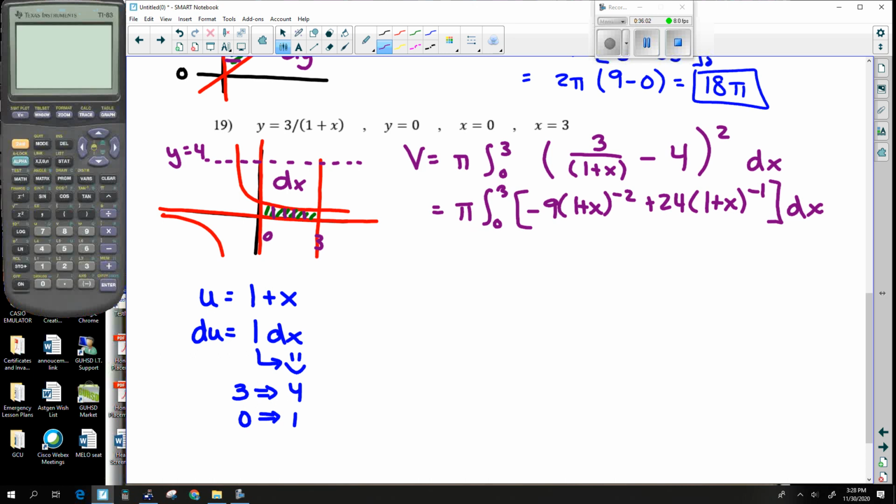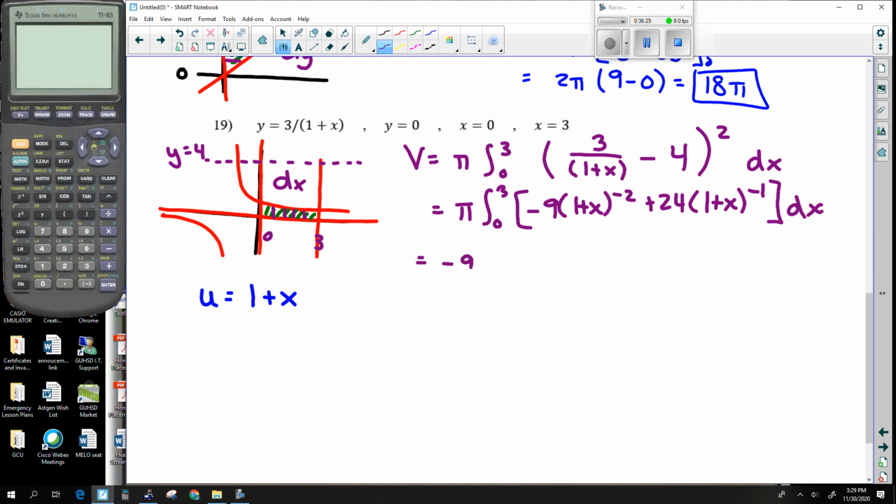So here I am going to use substitution, and it's still going to be 1 plus x. This is totally cool. I separated these integrations.